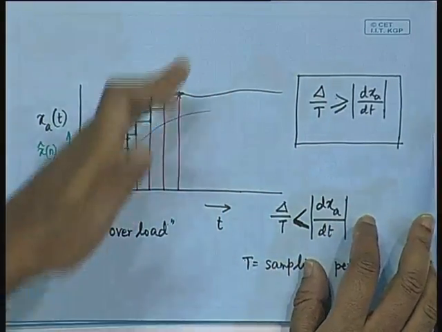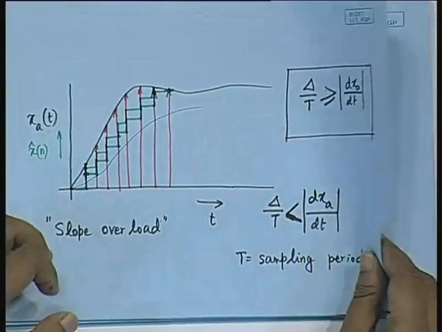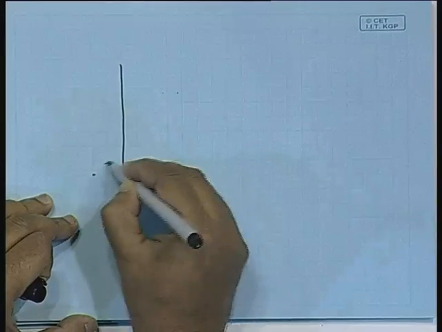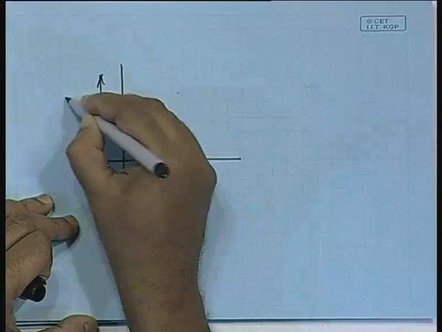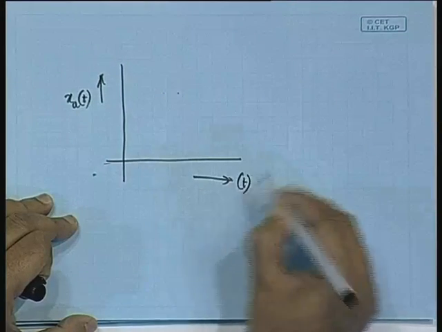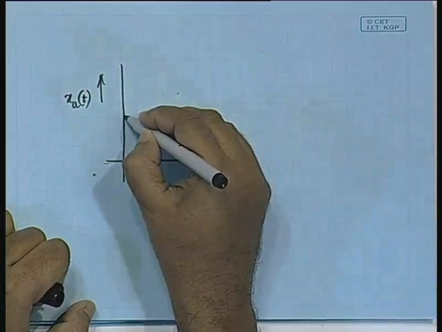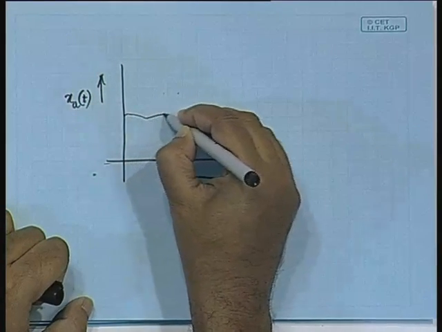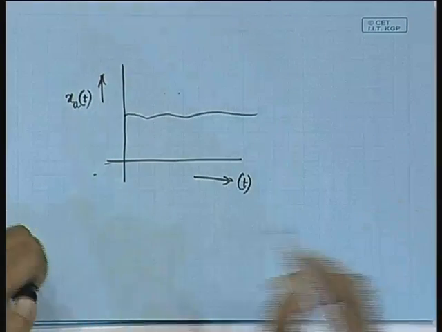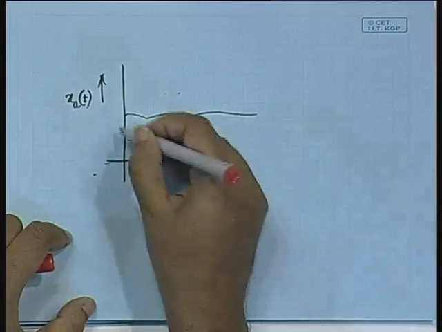For better clarity, I should not be cluttering this diagram any further. So, let me draw another waveform of xa as a function of t versus time, where we take xa of t to be more or less uniform, say this is the uniform value. Now, the first sample, let us say, is here.